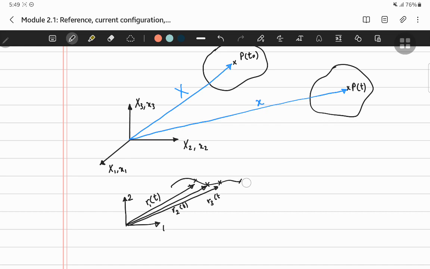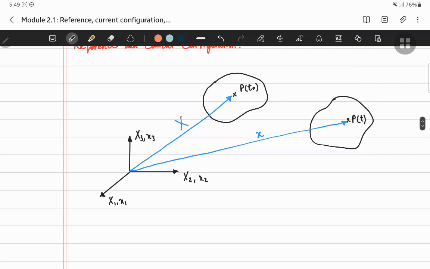Therefore we say that we have this configuration here where we call it a reference or the base configuration. And we say that this particle right over here is basically changed to this configuration, and this is the same particle, but at a different time, here in the current configuration.